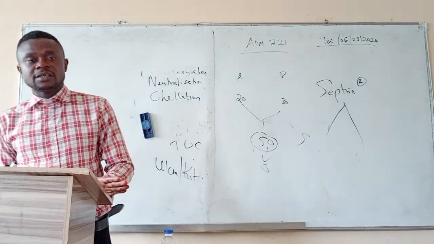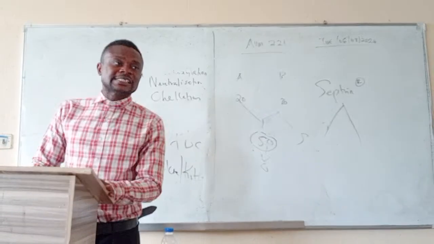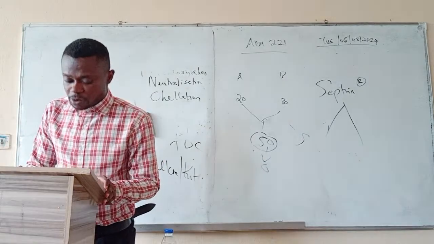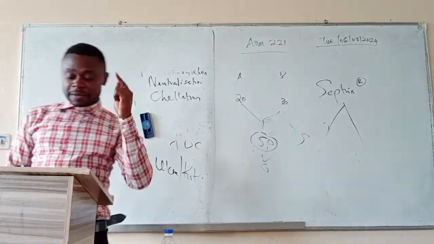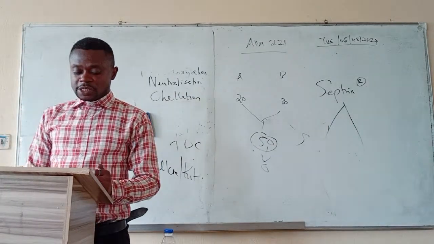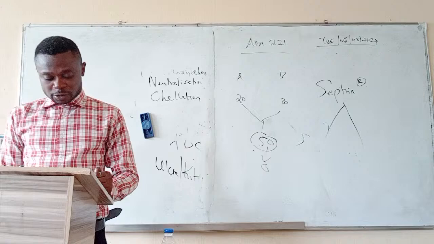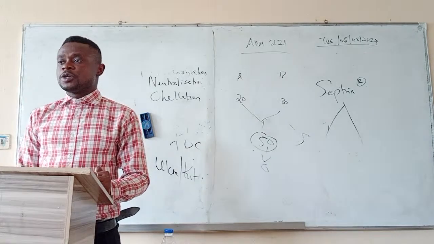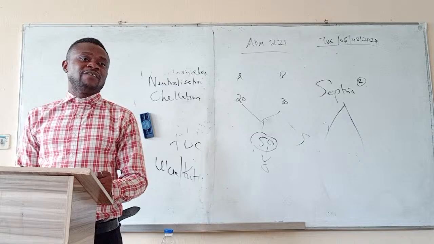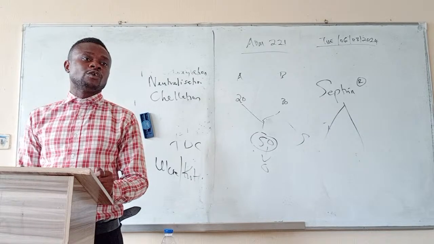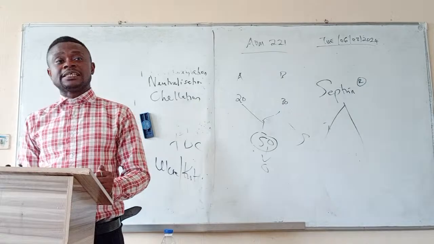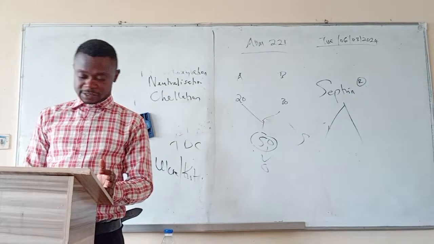The agonist and the antagonist compete for the same receptor. So if the antagonist wins, the effect of the agonist will not be felt, because you need to bind to elicit its effect.